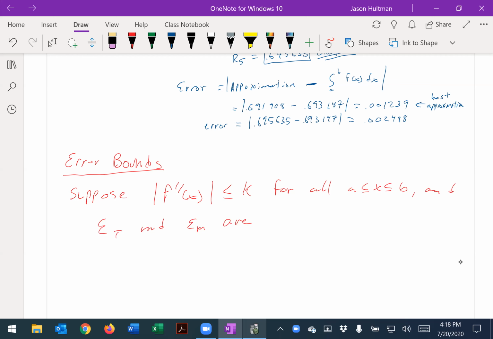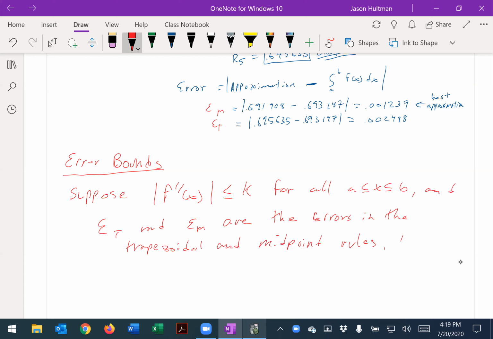E sub m, and then E sub t, there we go. E sub t and E sub m are the errors in the trapezoidal and midpoint rules, respectively.